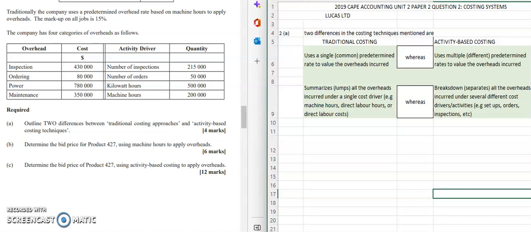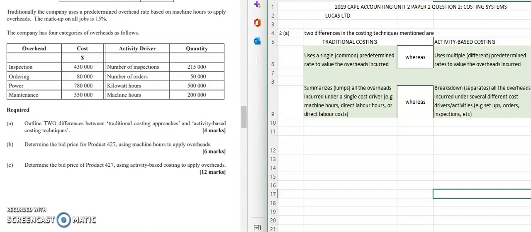Whereas, again, in the activity-based costing, they break down or separate all of the overhead costs and place it under the various or several different cost drivers that would have been contributing to the cost of the overheads during the production. For example, the number of setups, how many orders were made, how many inspections you had to do, how much power was related, how many times you had to fix the machines, etc.